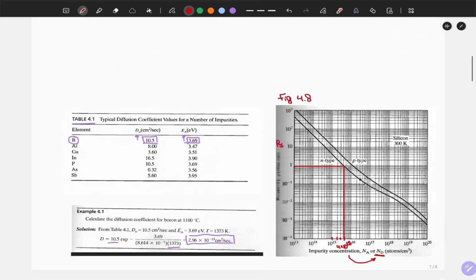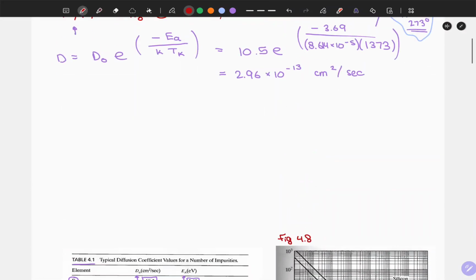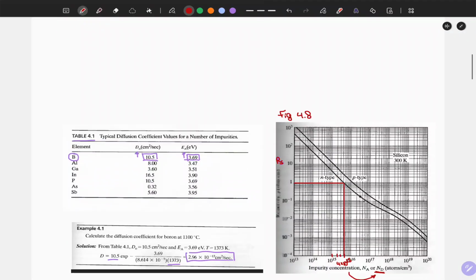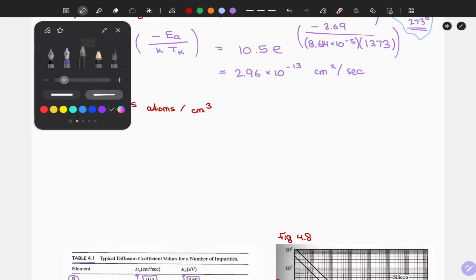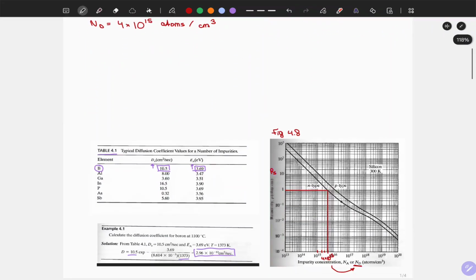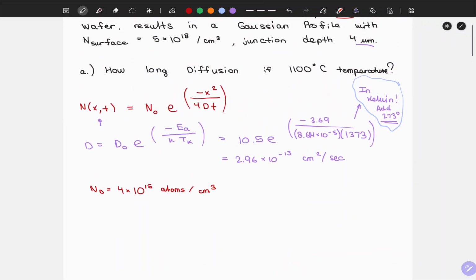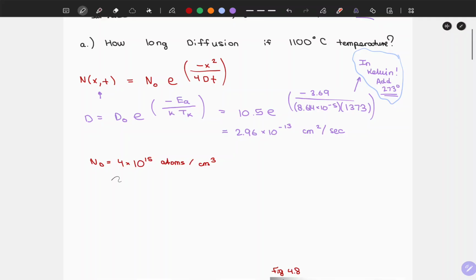Okay, so we know that Nd is equal to 4 times 10 to the 15th atoms per centimeter cubed. If we now put everything together, right, and solve for t, right, so this is equal to this.